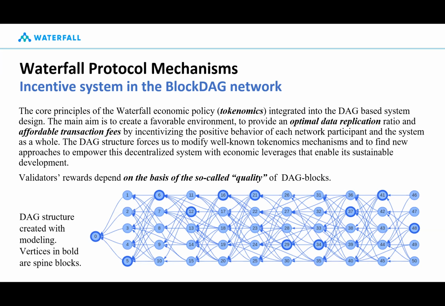We propose to set rewards for blocks in the DAG network based on the degree of confidence of topological structures. An incentivizing system provides protection from certain threats in the DAG structure. All honest nodes make common decisions based only on information recorded in the ledger without overloading the network. A validator's reward is based on the quality of the DAG block.